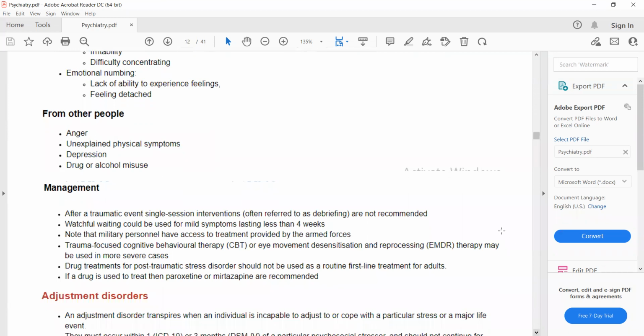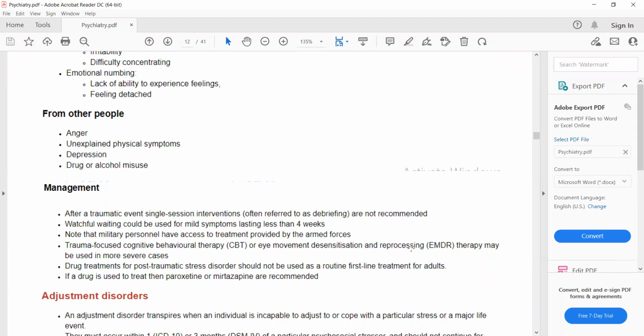Now, the management of post-traumatic stress disorder is a little bit different from other conditions such as anxiety, stress, and depression. For those conditions, we saw that the management was CBT and SSRI, while the management of post-traumatic stress disorder is a specific type of therapy known as trauma-focused cognitive behavioral therapy, or EMDR, eye movement desensitization and reprocessing therapy.